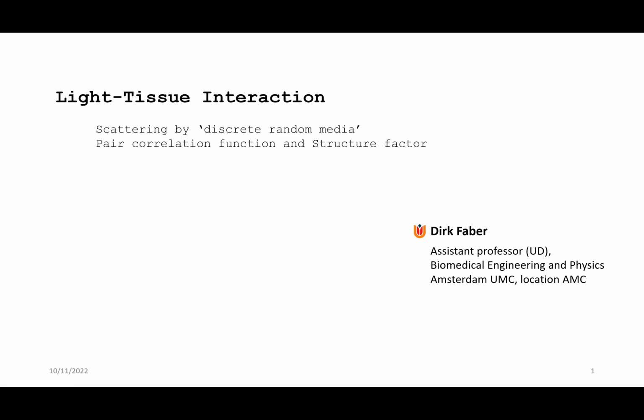We briefly encountered this already in the first few lectures. The main tools that we found were the pair correlation function and the sample structure factor, which describe how the scattering follows from this.